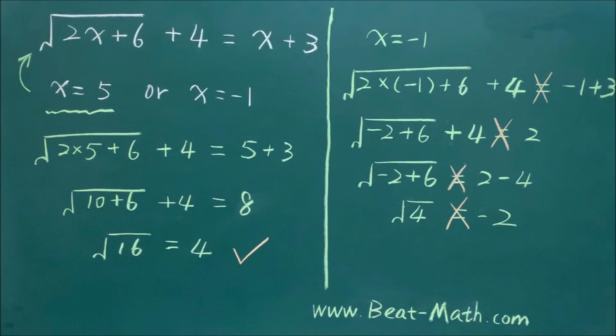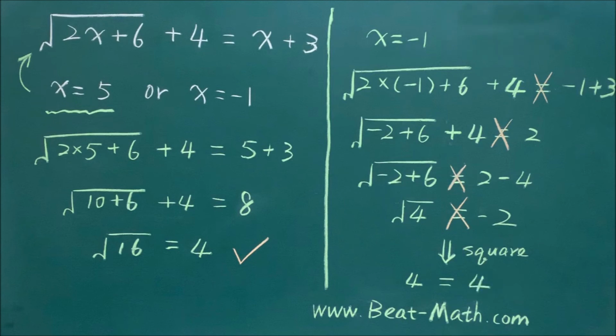Do you know where the x equals -1 comes from? Take a look at this wrong equation. The square root of 4 equals -2. When we square both sides, on the left side, the square of the square root of 4 is 4. On the right side, -2 squared is 4.